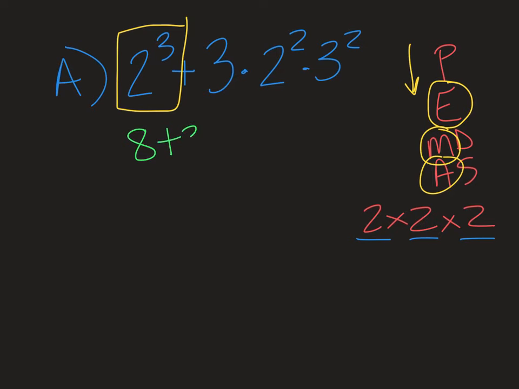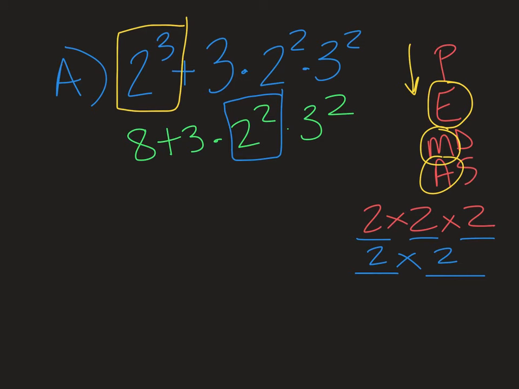Now, let's rewrite everything and keep solving. Okay, still not done with exponents, so let's just move on over to the next one. 2 to the power of 2. I have an exponent of 2, so I draw 2 lines. I have a base of 2, so I fill that in. And 2 times 2 is 4. Now I rewrite everything.